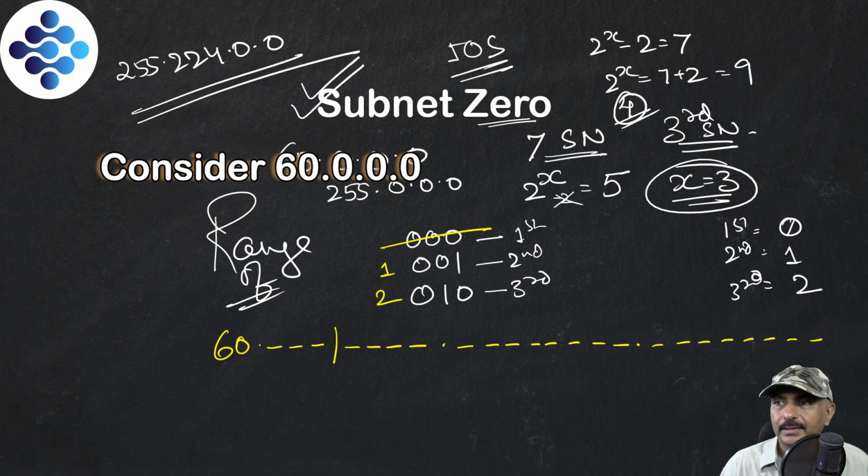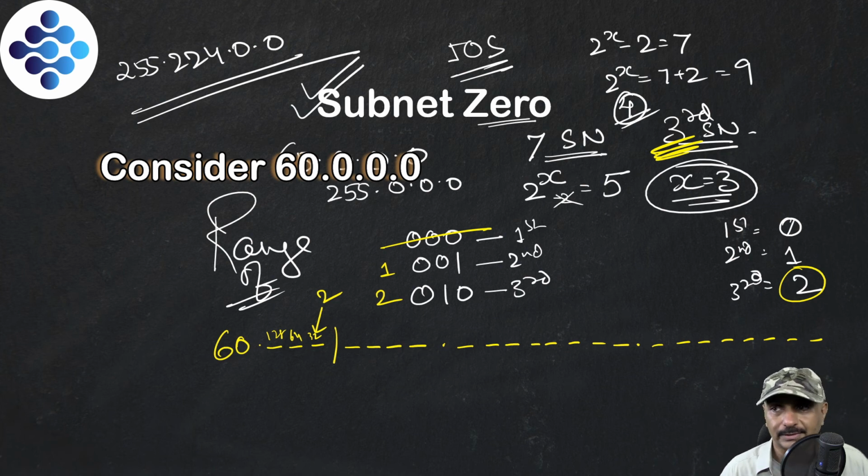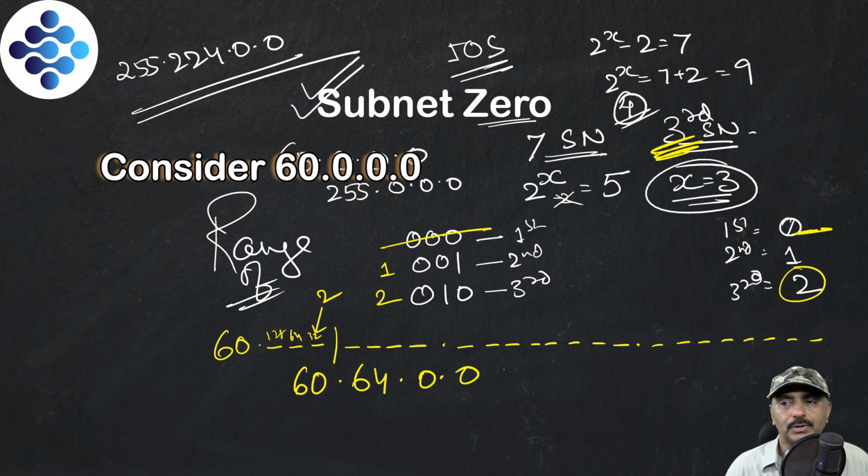Over here the third subnet is to be calculated, so we'll do the binary of 2 because everything is starting with 0. So we'll remember this 2. What was the value of this? This is 128, this is 64, this is 32. So 32 multiplied by 2 for the third subnet, because this is starting from 0, so its value will be 64. So 65.64.0.0 is the third subnet header.